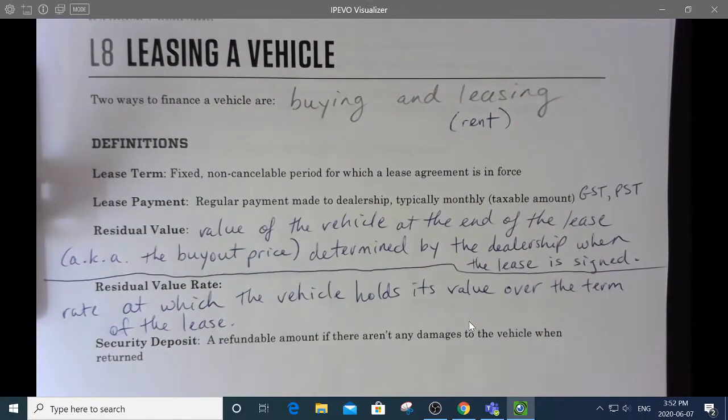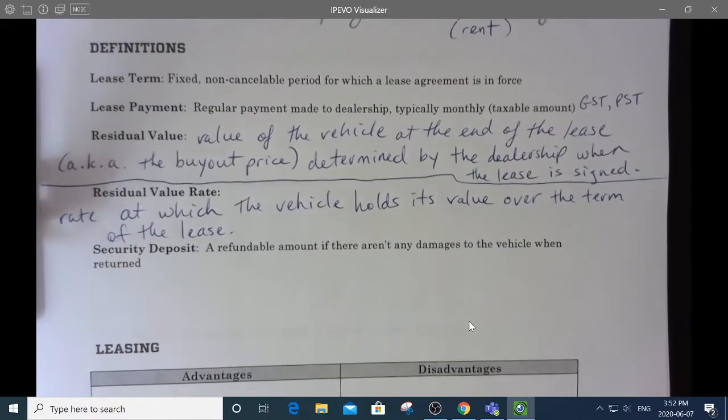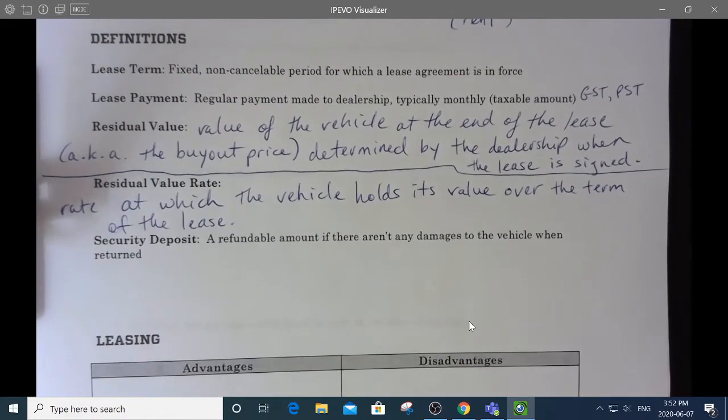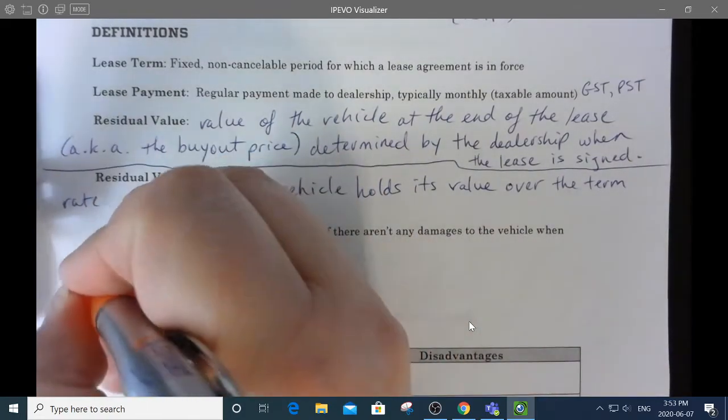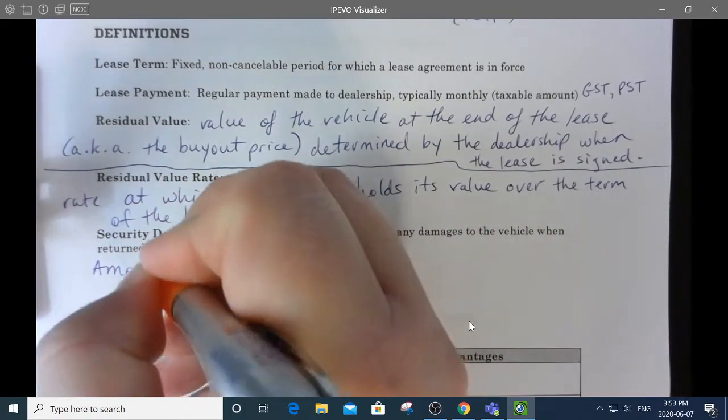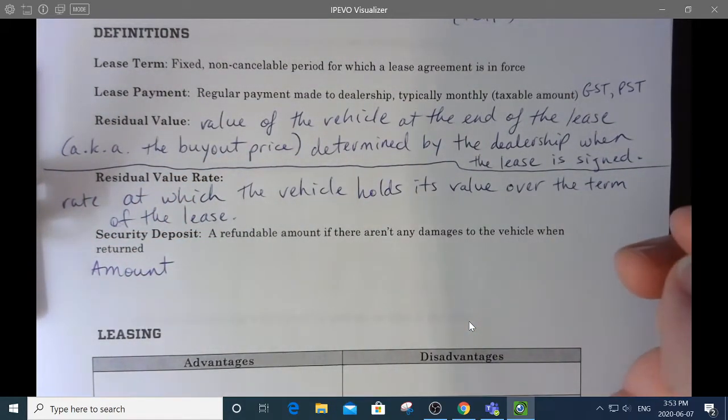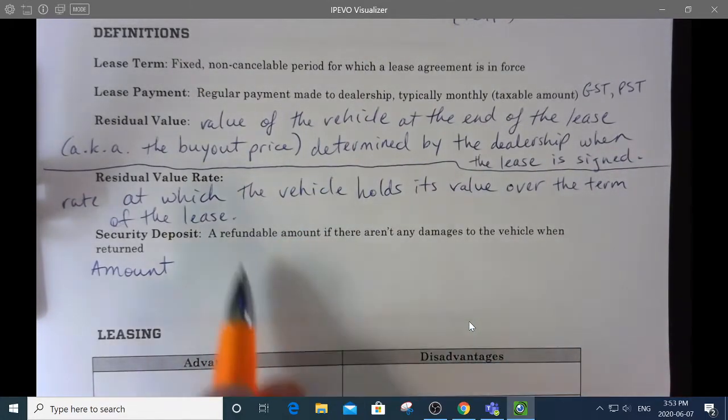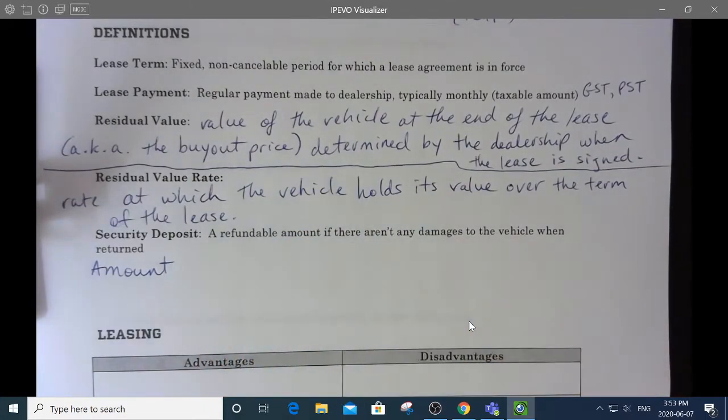Okay. And finally, just like renting an apartment, you pay a security deposit on a leased vehicle. Oh, I'm sorry, this one's got a definition for us. It's the refundable amount if there aren't any damages to the vehicle when it's returned.